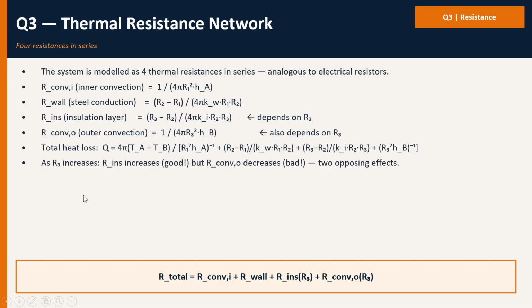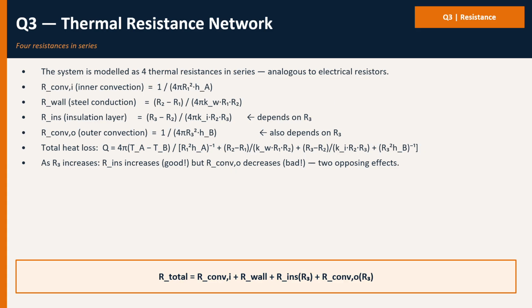We are going to approach this problem as we would an electrical series problem, basically four resistances in series. We model the system as a series of thermal resistances. These include inner convection, conduction through the wall, insulation resistance, and outer convection.